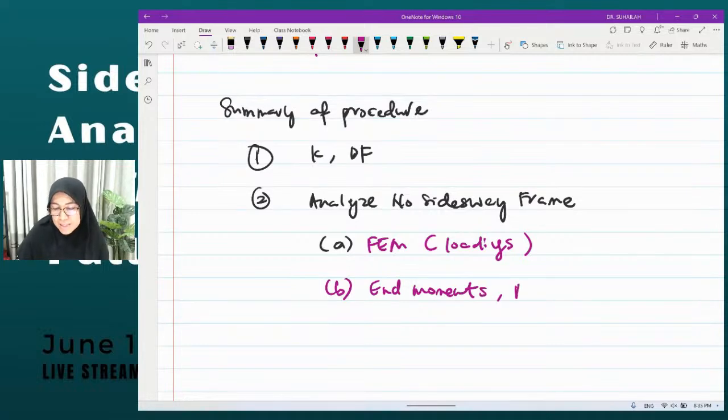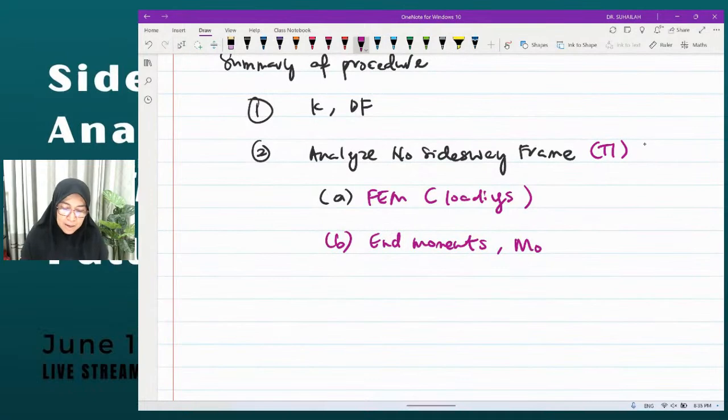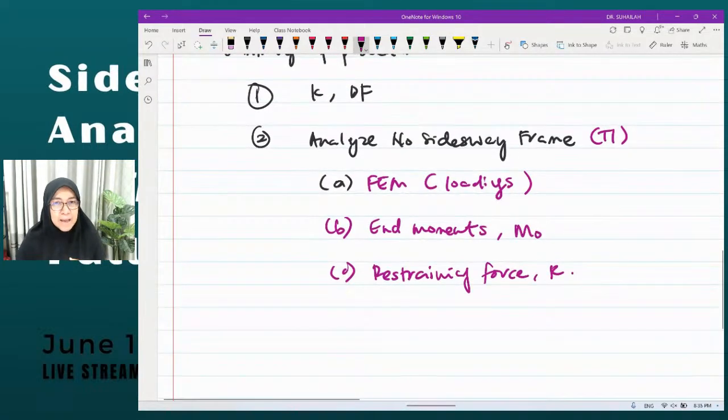We call the end moment M naught, and this is table 1. After that we have to determine what we call the restraining force, R.